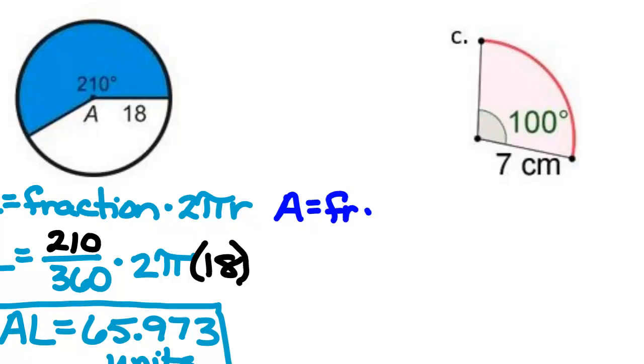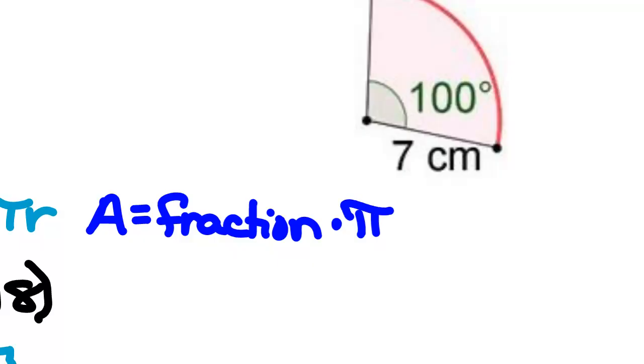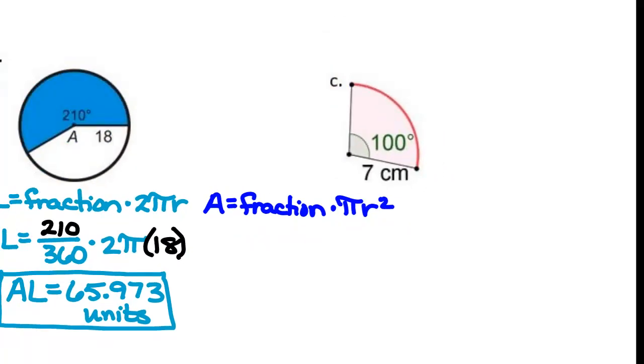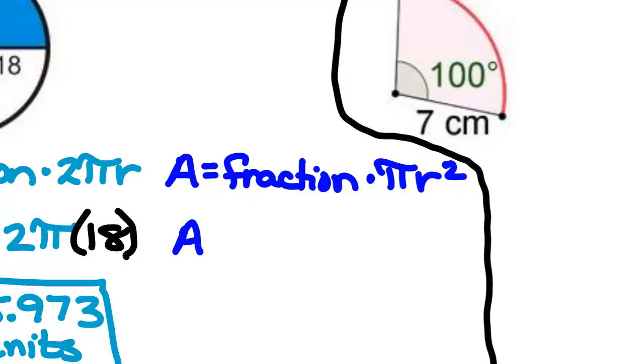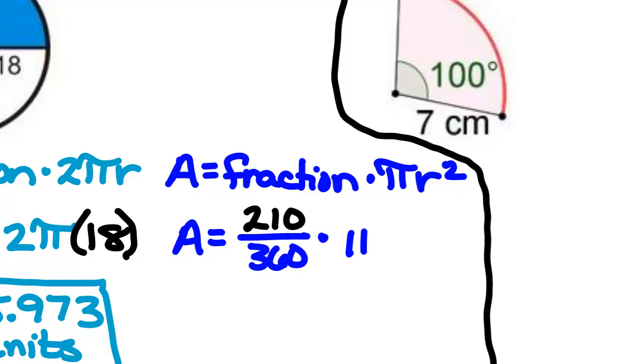Area is equal to our fraction times pi r squared. I'm going to have to keep this from getting into part C. What is my fraction? 210 over 360 times pi times 18, my radius, squared.